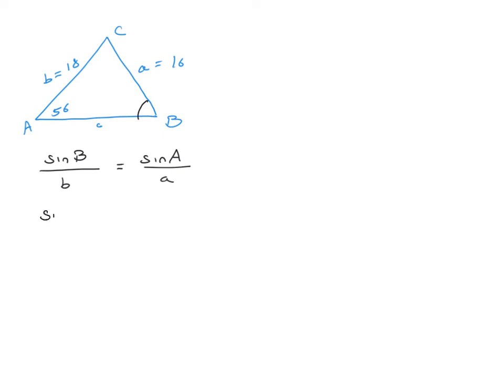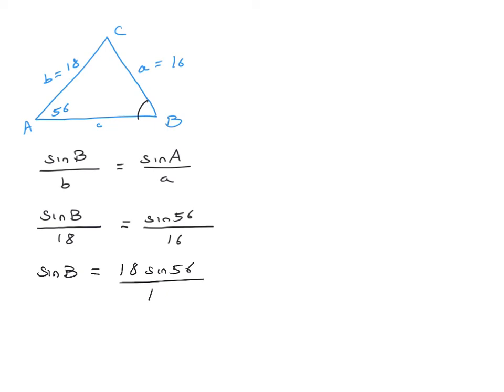So this means sine of B over, okay, b is 18, is equal to sine of A, which is 56, all over 16. I can solve for sine of B at least by multiplying 18 to the other side of my equation. So sine of B is equal to 18 times sine of 56 all over 16.